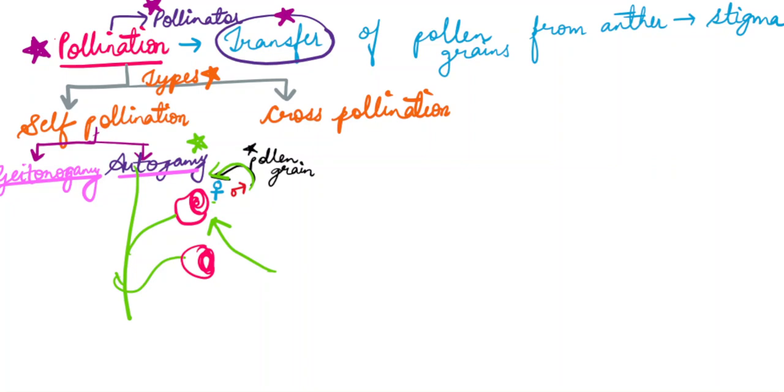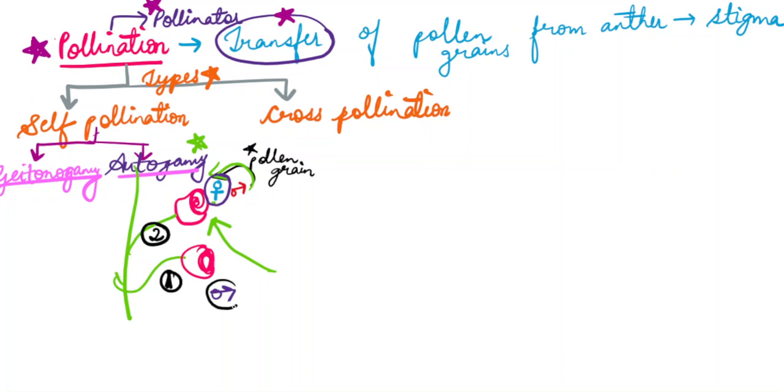Suppose this flower is having the male part, and this flower we consider its female part. So what will happen? This flower number 1 will give pollen to flower number 2.